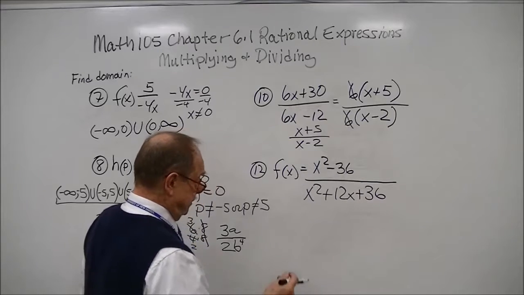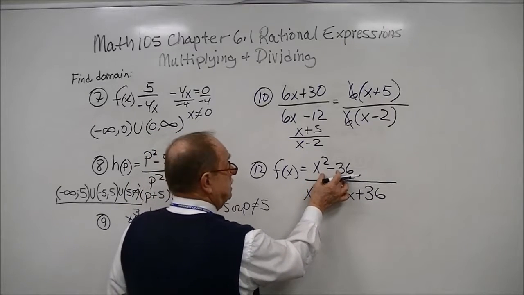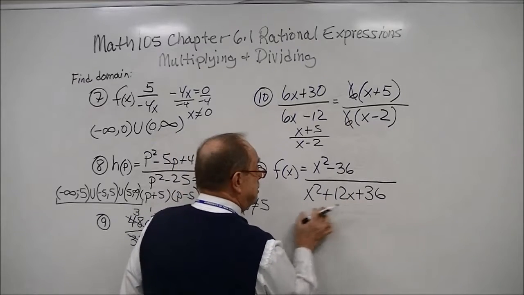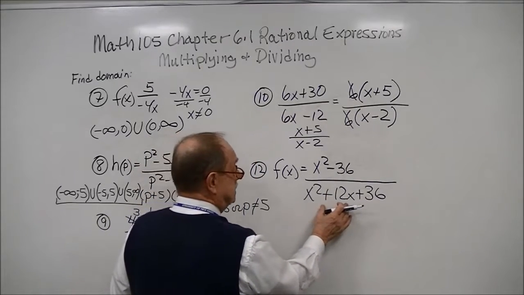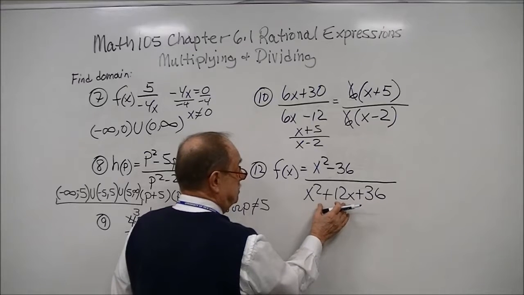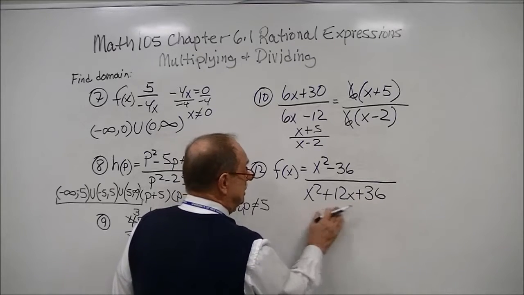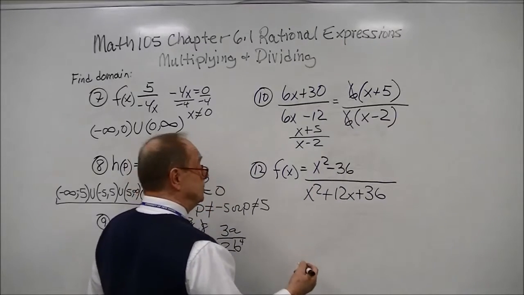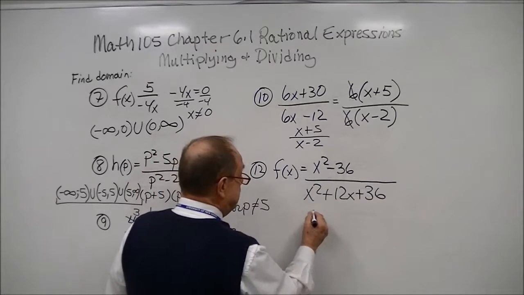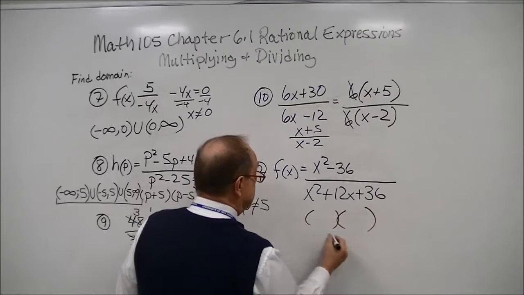So again, this part's correct. I had the wrong one here. And I don't know if you recognize this bottom one. This is the difference of perfect squares, something we had done in chapter 5. So we factor it into its conjugates.